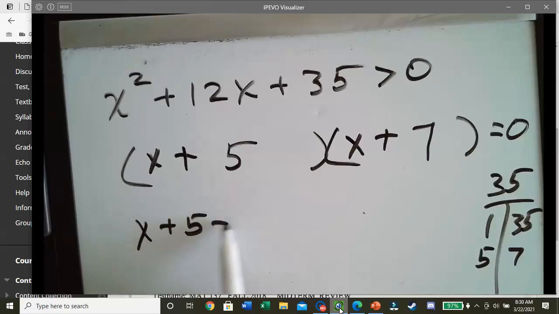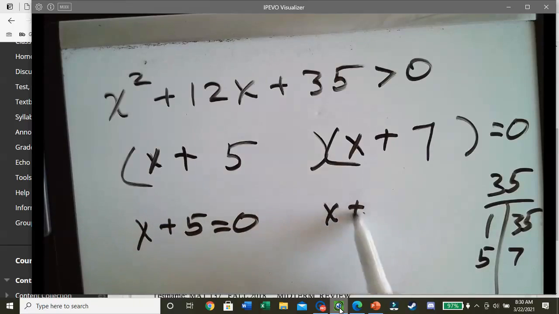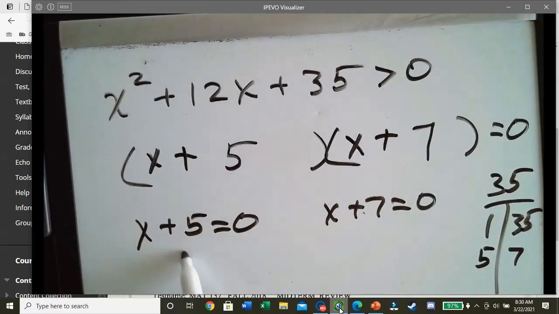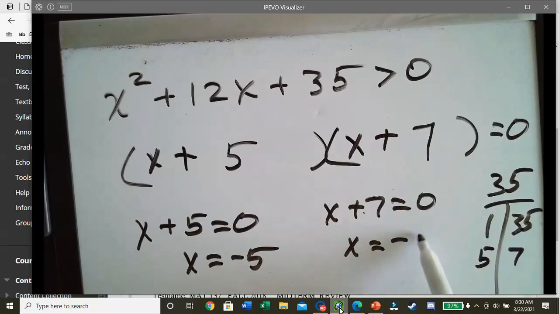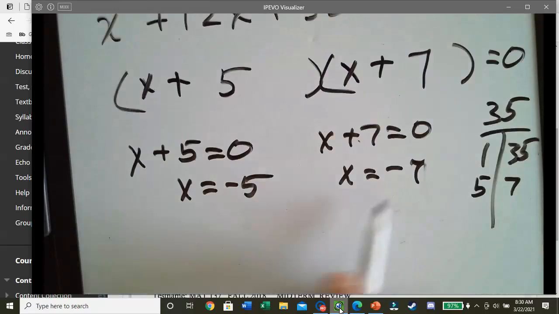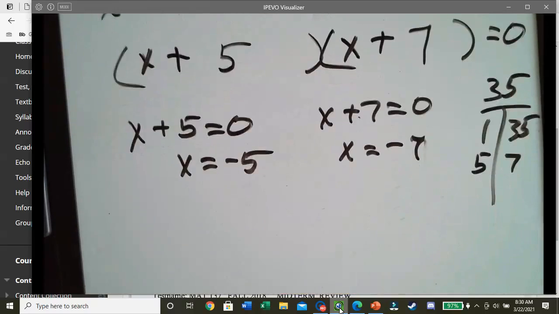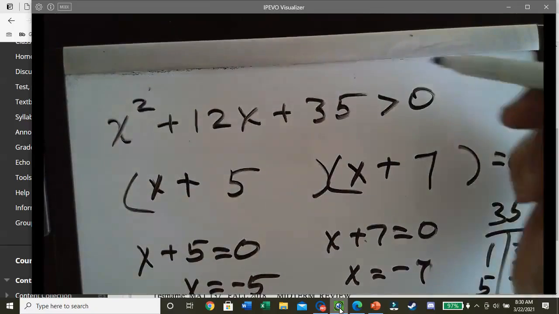And so we set our factors equal to 0 and solve, so we get x equals negative 5, and x equals negative 7, right? Because you're solving for each factor. We set each factor equal to 0.